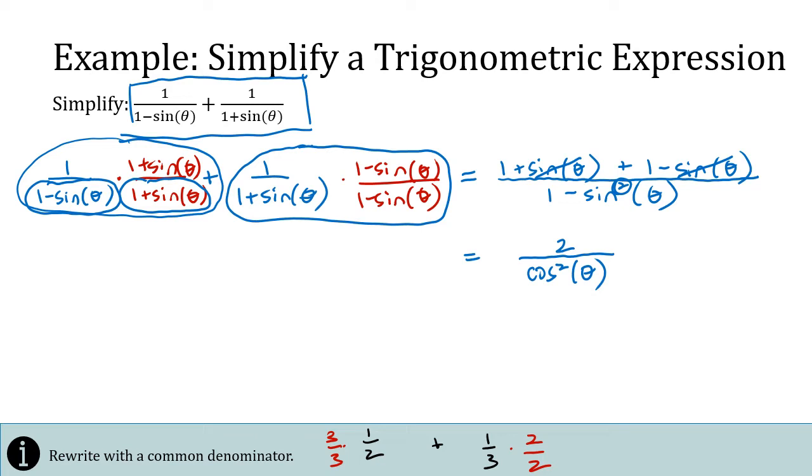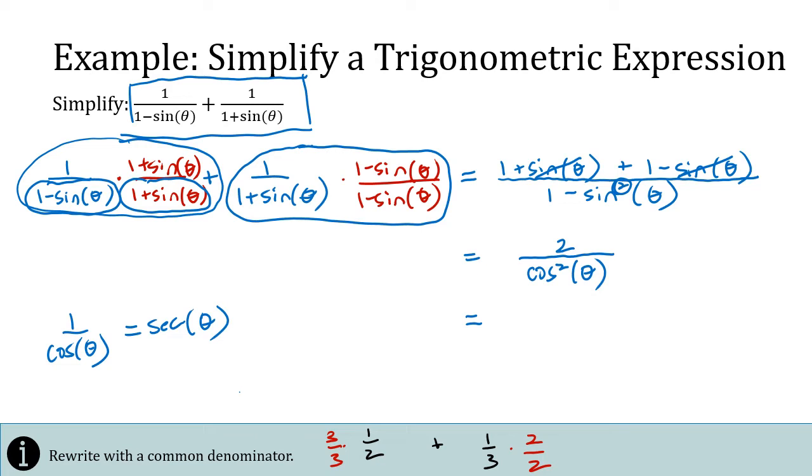Can I take this any further? And the answer, I think, is yes. Here's what this is equal to. Let me just write this off to the side. We know that 1 over the cosine of theta, what is that equal to? Well, that's equal to the secant of theta, isn't it? So here's a way to think of this. I could call this 2 over cosine squared theta.